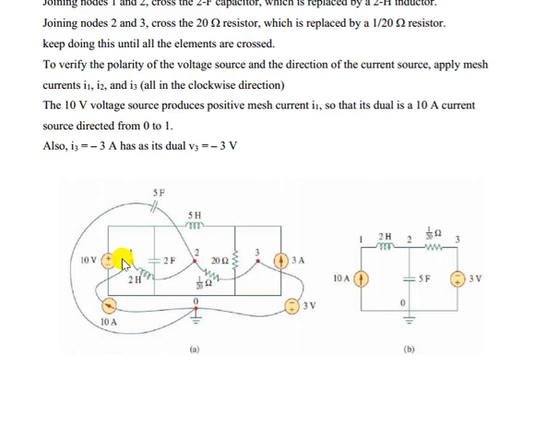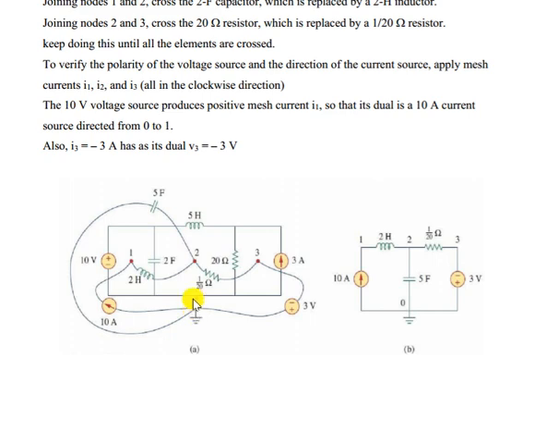Between 1 and 2, we have a capacitor, whose dual is an inductor. Between 2 and 3, we have a 20 ohm resistor, that will convert to conductance, that is 1 by 20. Between 3 and 0, a 3 ampere current source will become a 3 volt voltage source.